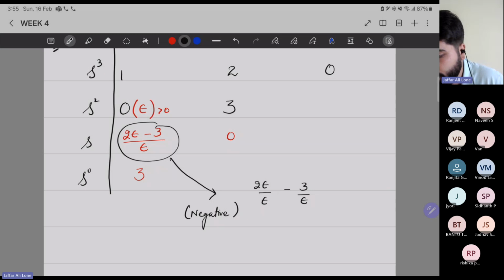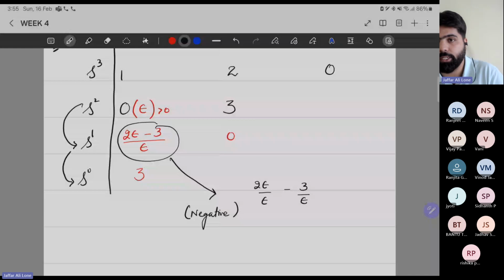So what does it mean? Can anybody tell me? We know that it's unstable. But can anybody tell me how many poles are in the right? Two poles are there in the right, because there are two sign changes, from S square to S1 and S1 to S0.